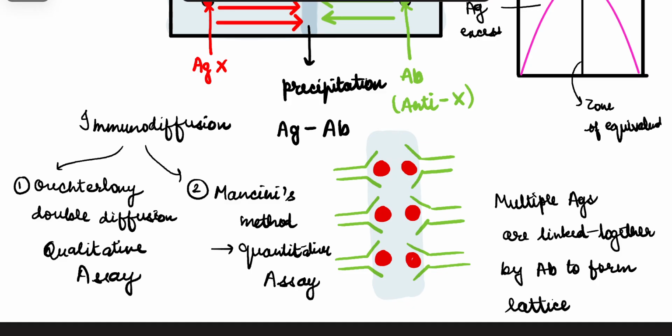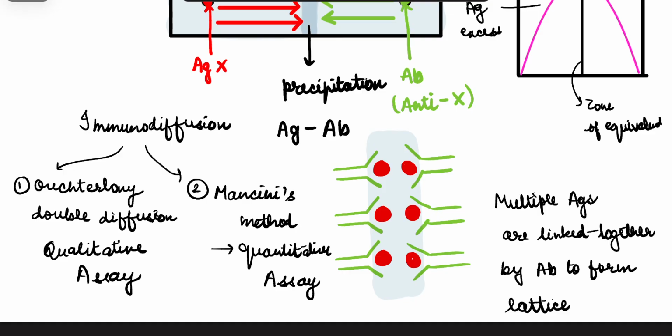Now we have to discuss the two of them in detail, but three-fourths of the Ouchterlony method I have already discussed above, wherein if the precipitation line forms and the zone of equivalence comes, this is what we call that the antigen is definitely present, and because of that only the antibody has reacted to that antigen. So this is a confirmatory experiment, or a qualitative assay.